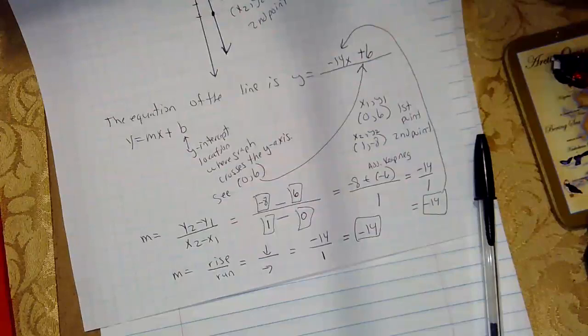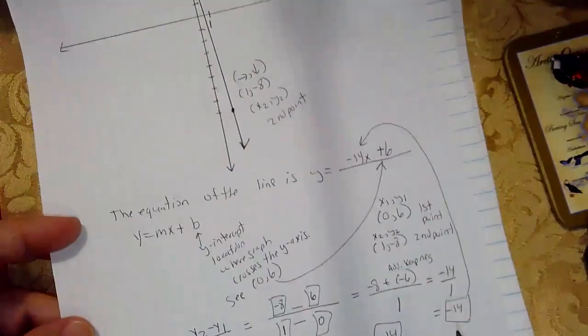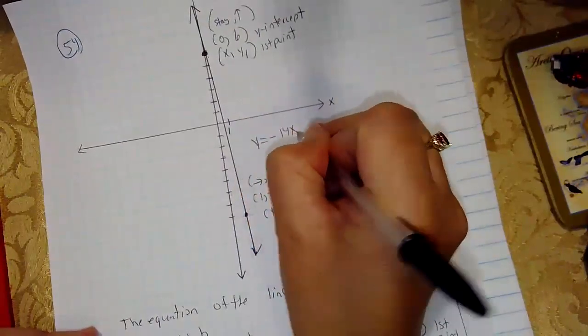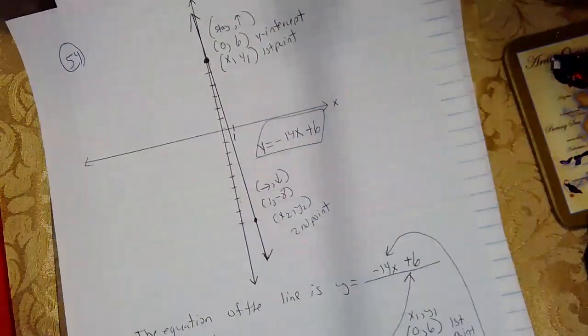All right, class. So that's the equation of the line, that y is equal to negative 14x plus 6.